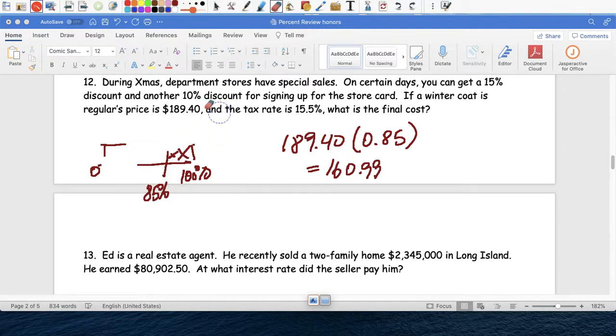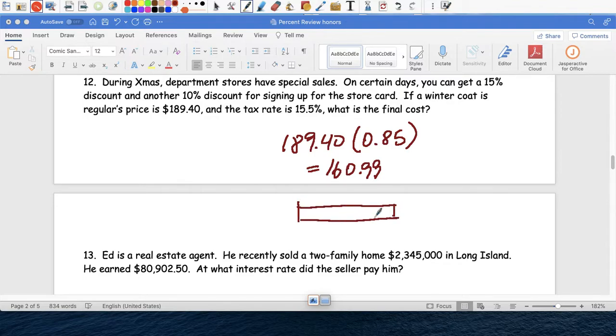All right, so I can erase that because that's no longer relevant. I draw another bar model. Now, values have changed. 100% of your coat is now valued at 160.99. But you get a second discount, and this time around, they're going to take 10% away. So let me take 10% away, which means you have to pay for 90% of that.